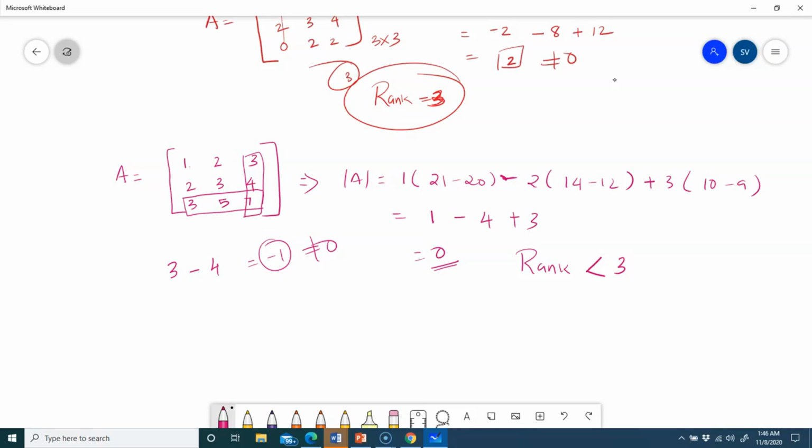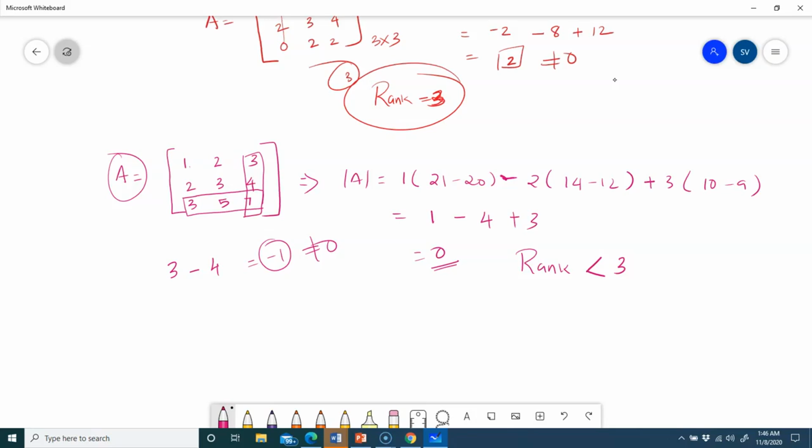So we can say that the rank of this matrix A is 2, because the order of the minor matrix is 2, and the determinant of that minor matrix is not equal to 0, so the rank of the given matrix A is the order of the minor matrix.